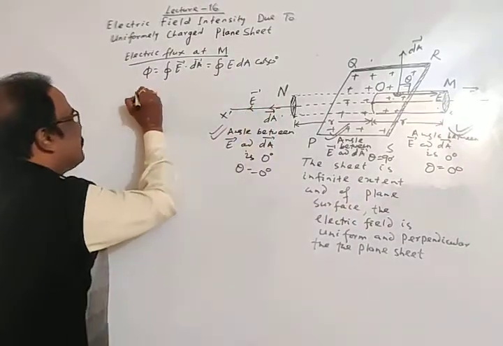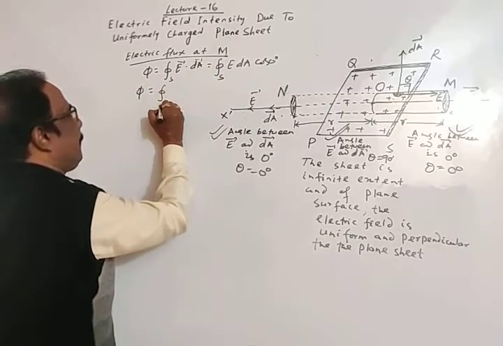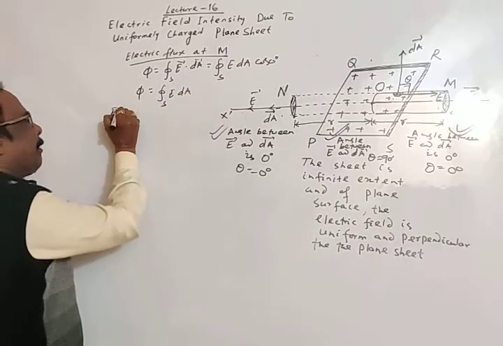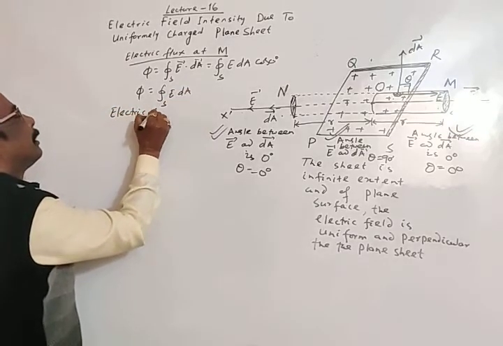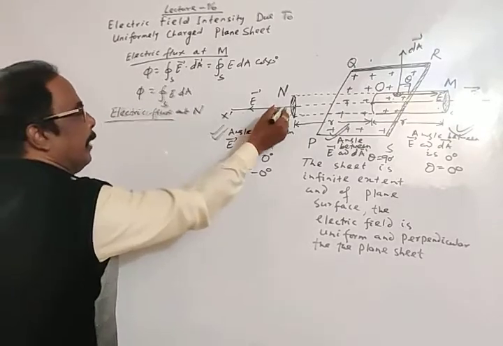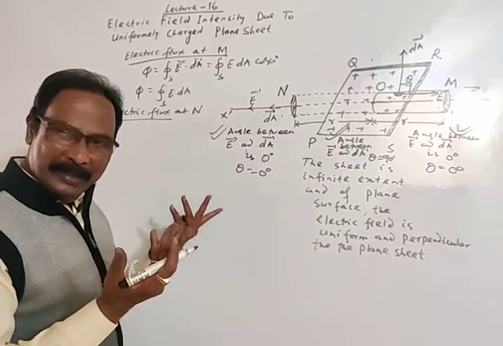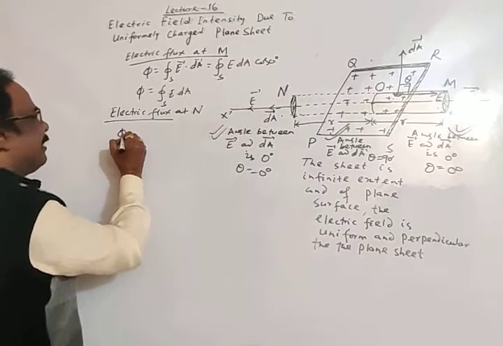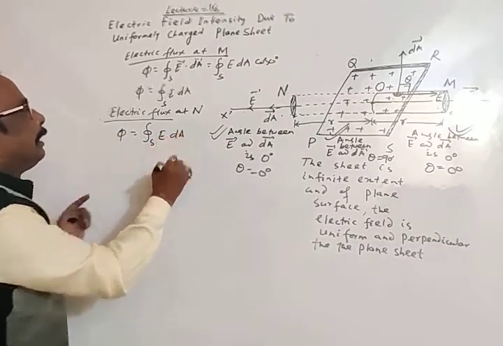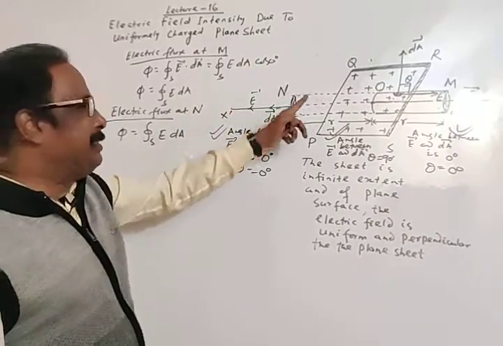So cos 0 is 1 and flux is the surface integral of E dA. Then electric flux at N: here also the angle between electric field and elemental area vector is 0 degree. Again the same formula, flux is the surface integral of E dA.